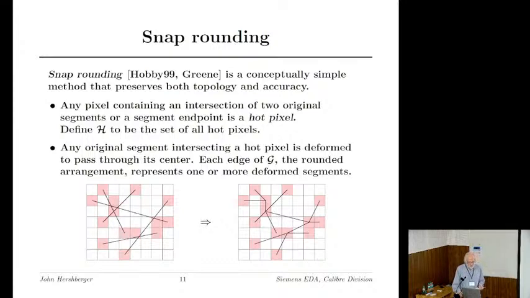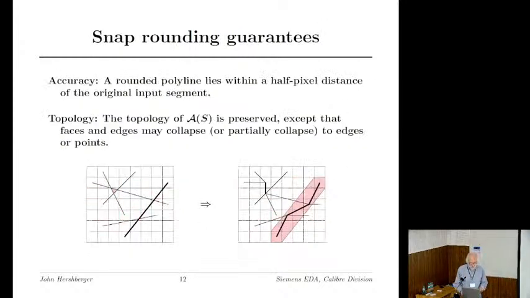So here at the bottom of the slide is an example showing the effect of snap rounding, where the squares are the hot pixels, and on the right-hand side we have the rounded arrangement corresponding to the input arrangement. As I said, snap rounding guarantees accuracy, and it guarantees maintenance of topology.